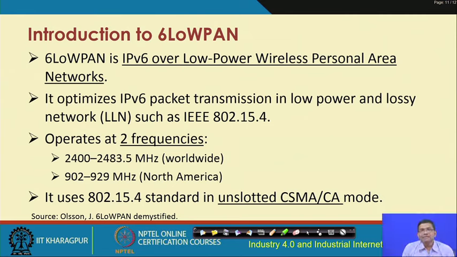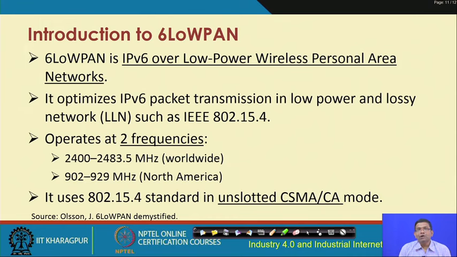6LoWPAN optimizes IPv6 packet transmission in low power lossy networks such as the ones supported by the IEEE 802.15.4 standard. 6LoWPAN operates at two frequencies.